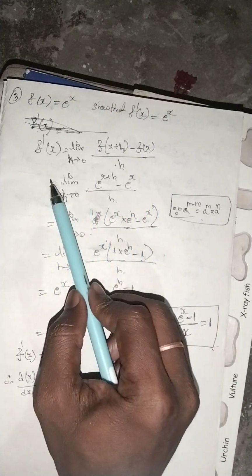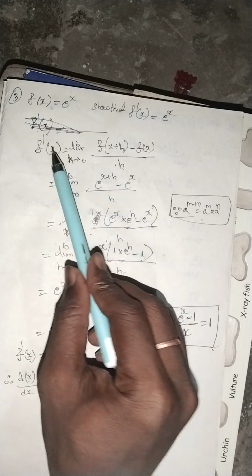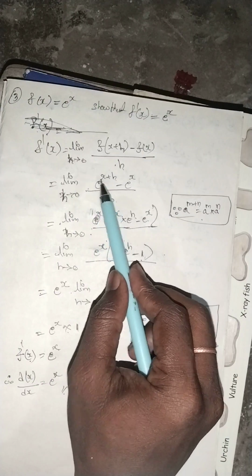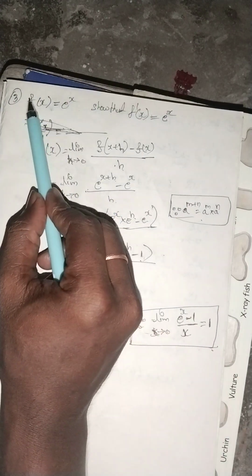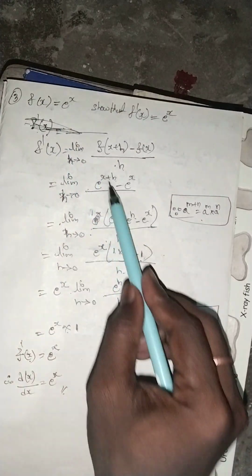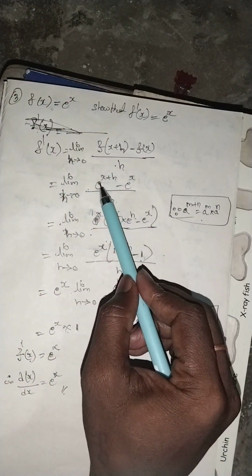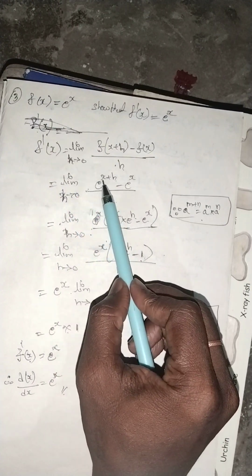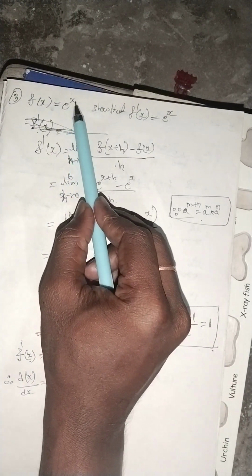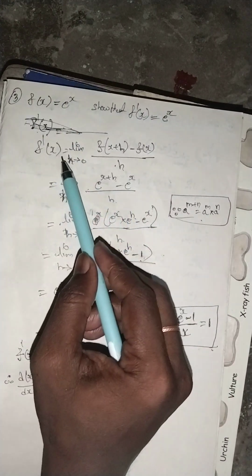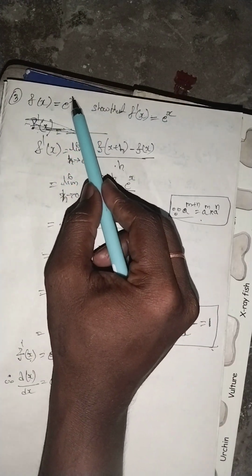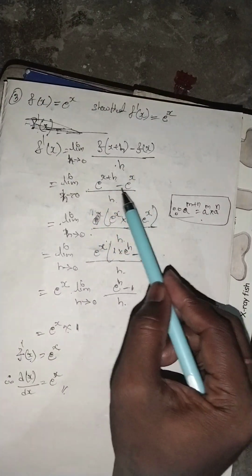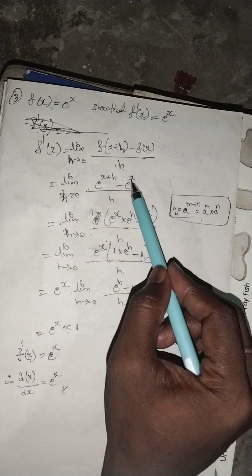We substitute the given values in this formula. Here f is e to the power of, where x is there we put x plus h, minus e to the power of x.